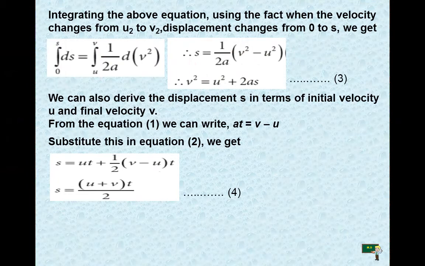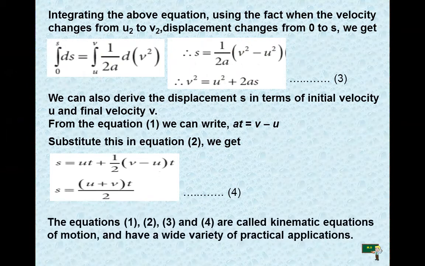We get s is equal to ut plus 1 by 2 (v minus u) t, which simplifies to s is equal to (u plus v) t divided by 2. This is equation number 4 of the kinematic equations.